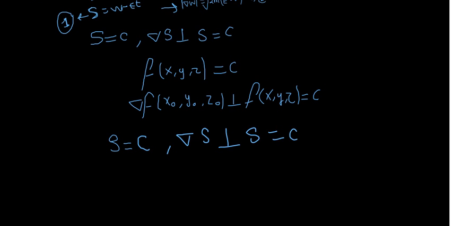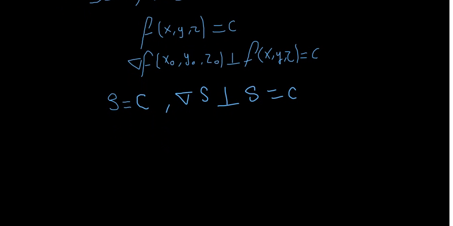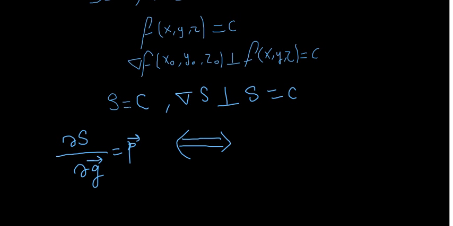Okay, now what? I'll write down here that last equation, because I have to remind you of it. Do you remember the partial of S with respect to q equals p? Actually, this equation is nothing more than the gradient of S equals the vector p.